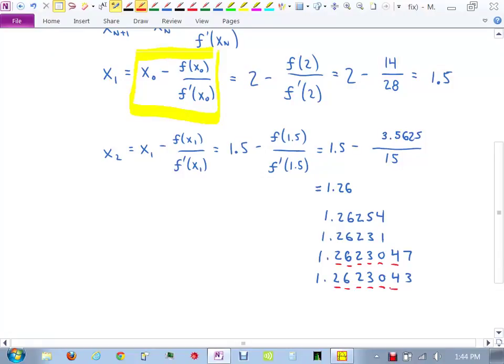And I'll send that answer to the user. I'm not going to ask you for this many iterations on the test. I'll just say when you're correct to like 2 decimal places, 3 decimal places. It's not going to be like repeat 8 times, 10 times.